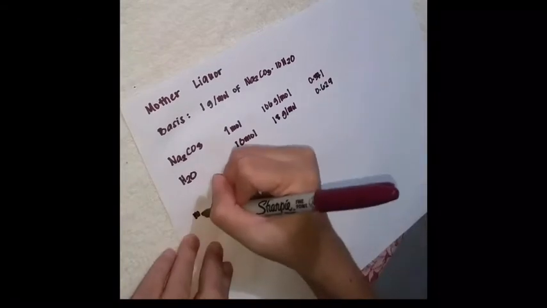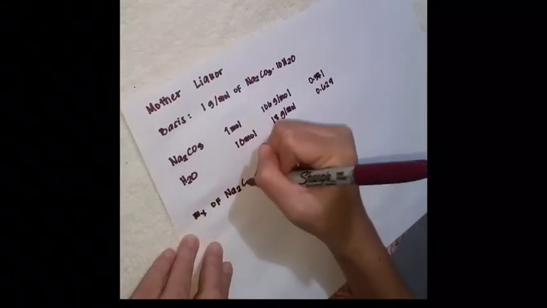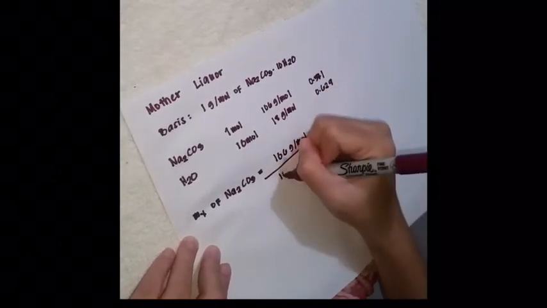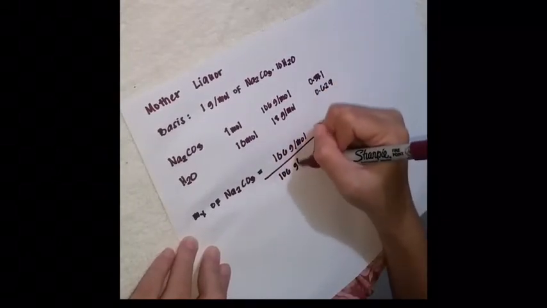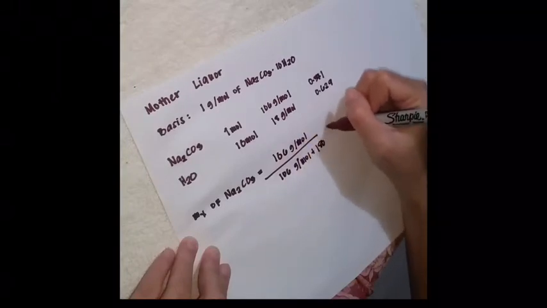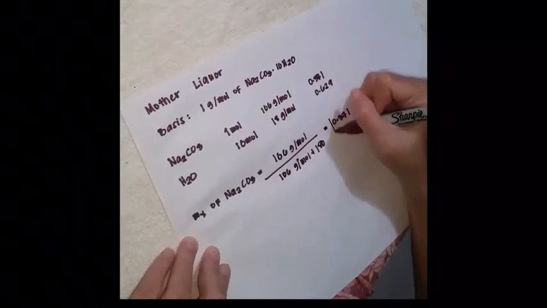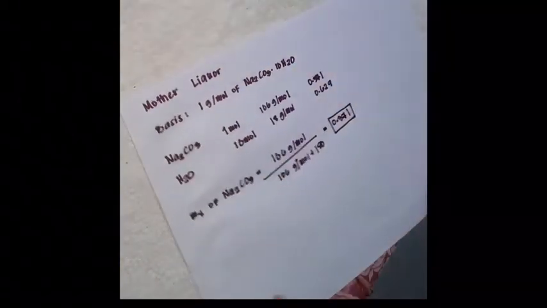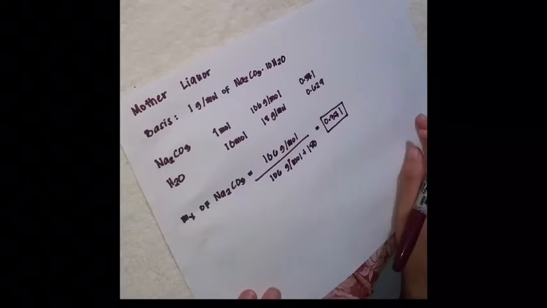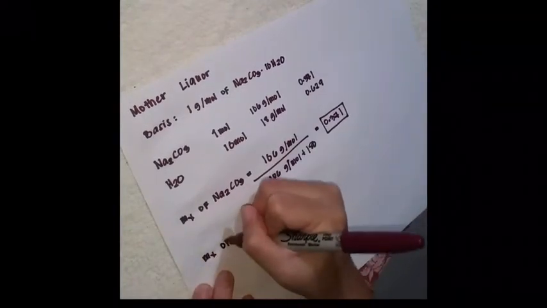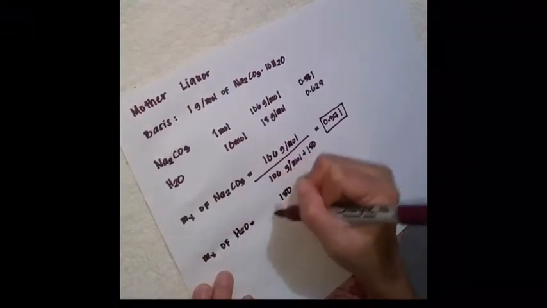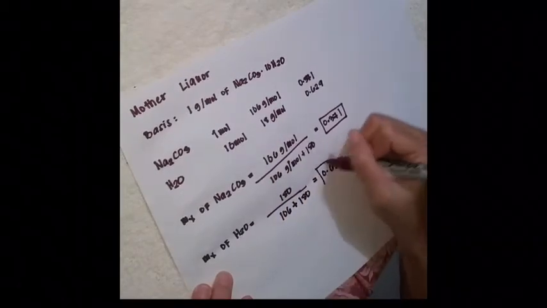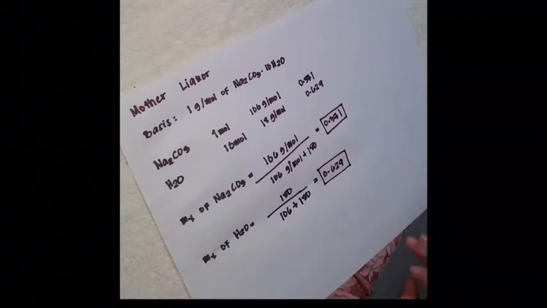So to get this, we have to calculate the mass fraction. The same procedure is used as in calculating the mass fraction of sodium carbonate and water in the feed. So we get 0.371 for the mass fraction of sodium carbonate and 0.629 mass fraction of water in the crystals.